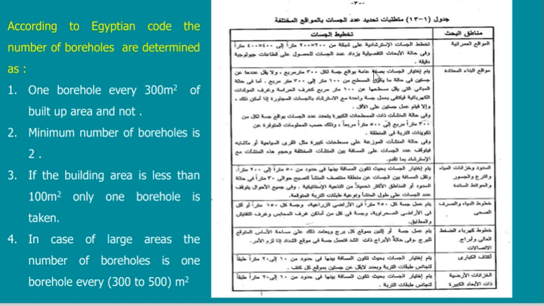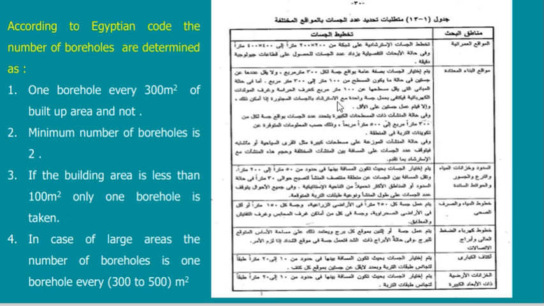But if I'm going to construct a building, then the code stipulates that you should have one borehole each 300 meters square. Why here did he give me meter square and in the other one meter by meter? Because in the other one you don't have a structure, you have a land, so you have to divide this land.